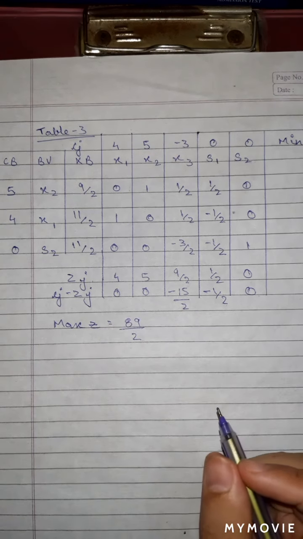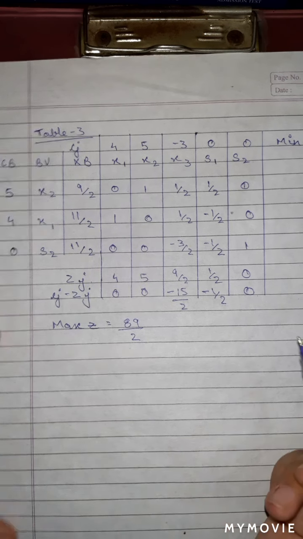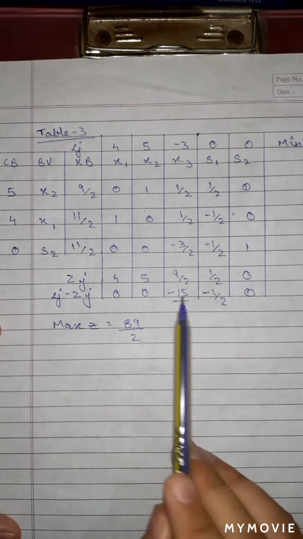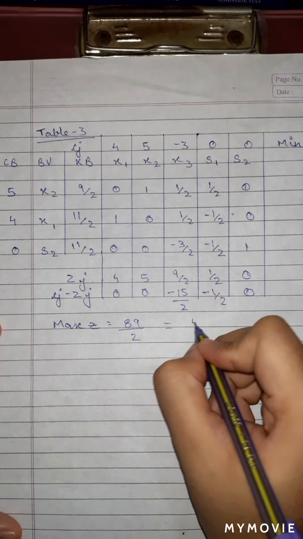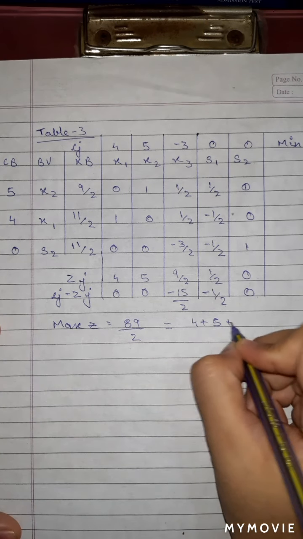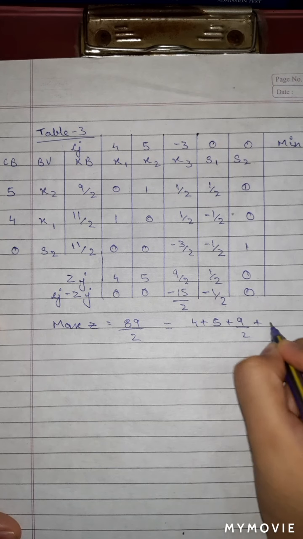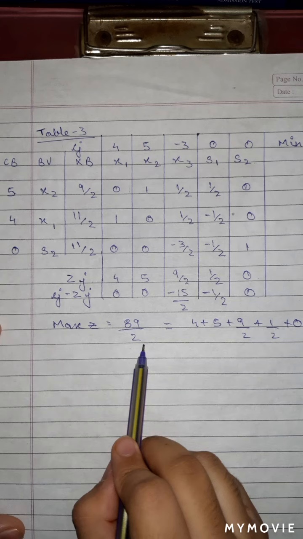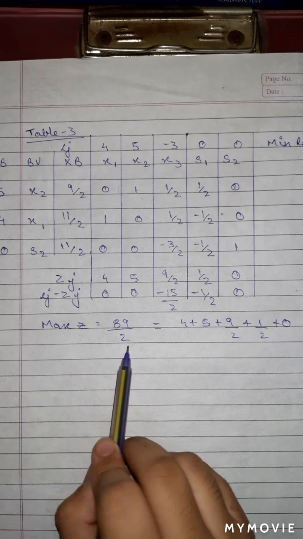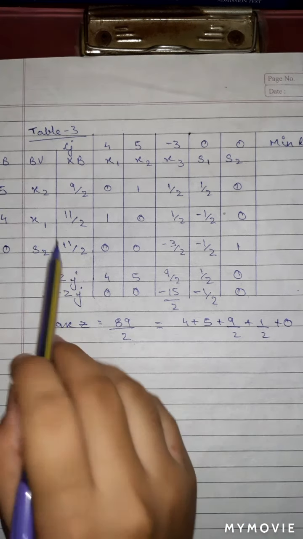Now where does 89 by 2 come from? By adding these: 4 plus 5 plus 9 by 2 plus 1 by 2 plus 0, we are getting 89 by 2.